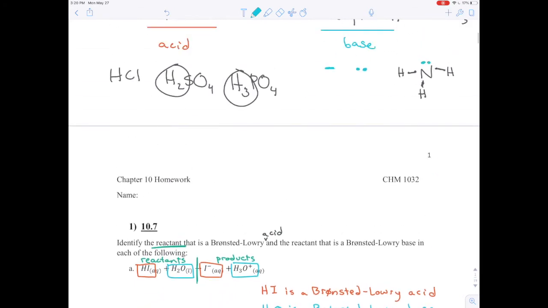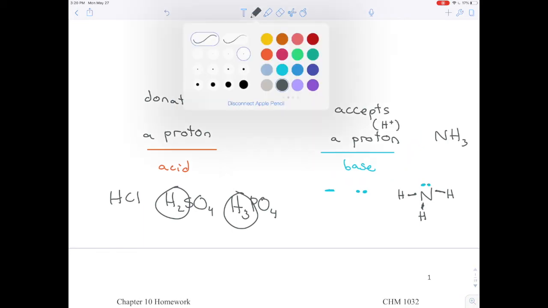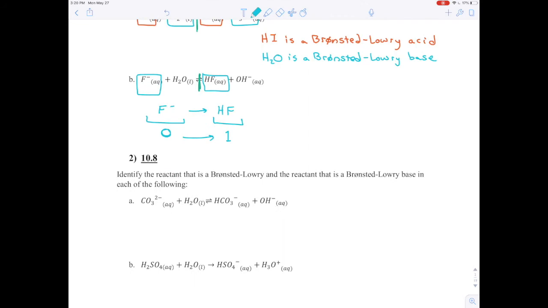So it gained an H+. Any molecule that accepts an H+, remember that H+ is the same as a proton, any molecule that accepts an H+ is a Bronsted-Lowry base. So F- here is a Bronsted-Lowry base.